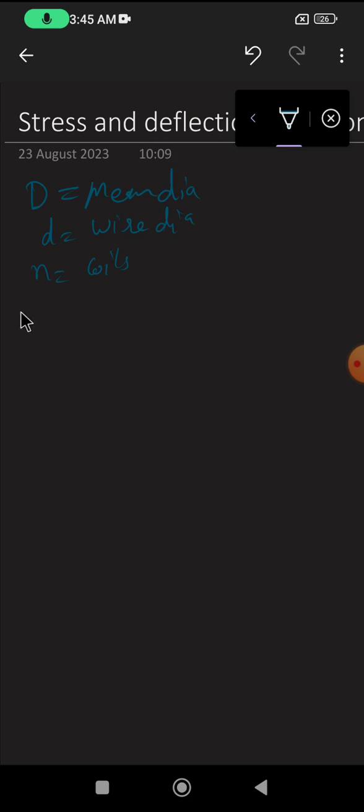Then G is modulus of rigidity. W is the axial load. Then tau is the shear stress induced in the wire, the maximum shear stress induced in the wire. Then P is the pitch of the coils, and delta is the deflection in the spring.